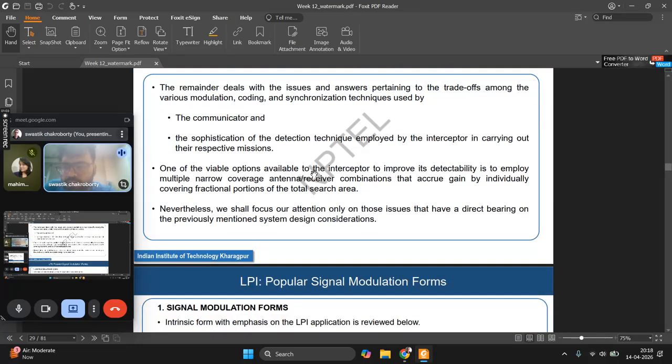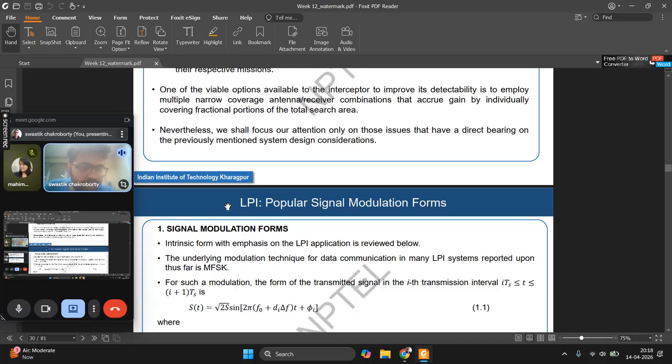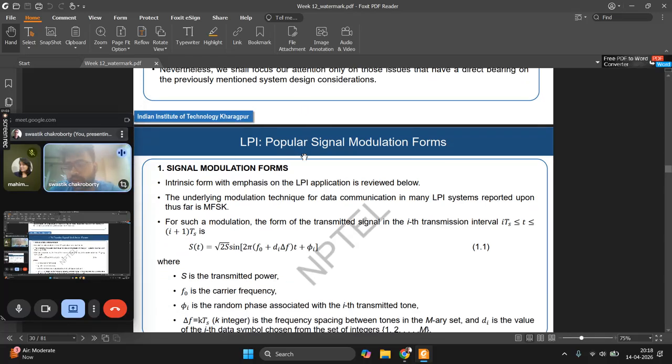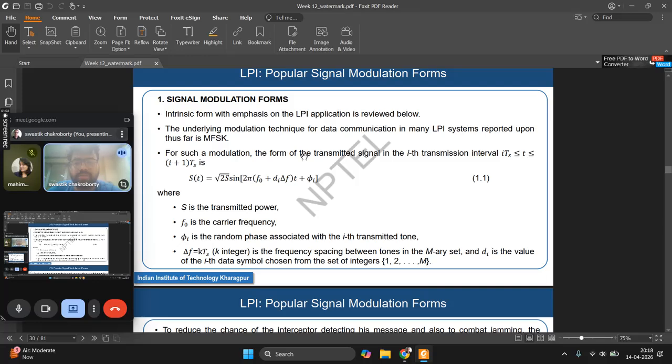So these issues are beyond the control of the communicator. We shall be focusing our attention on the issues that have a direct bearing on the system that we can control, rather than worrying about the satellite position and other weather variables. The intrinsic form of the LPI application is that the underlying modulation technique is MFSK, and the MFSK form is given here.